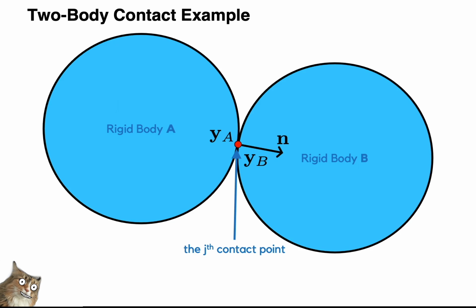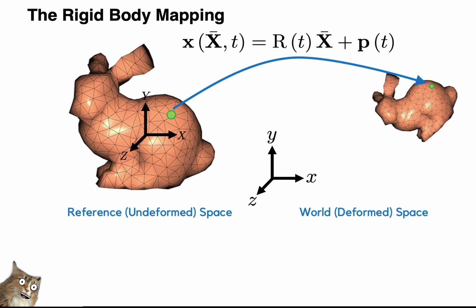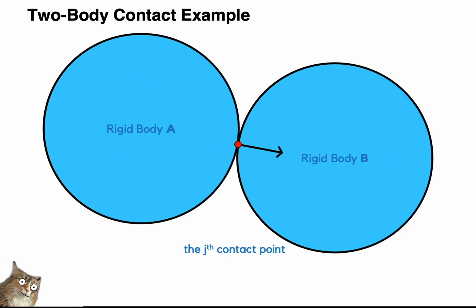Let's take a minute to clear that up. Remember that each rigid body in our scene has an associated reference configuration in a center of mass coordinate frame, which is transformed to the current world space position using the rigid body mapping. For contact problems, we deal with many separate rigid bodies, each with their own mapping.